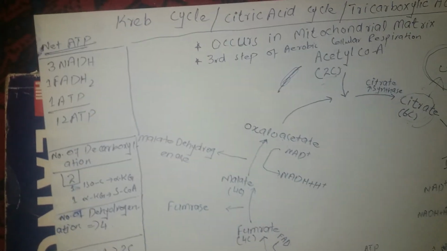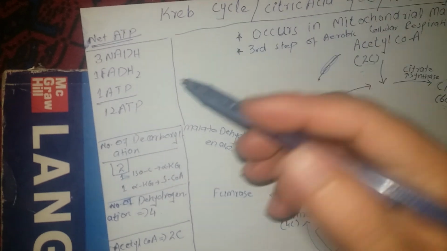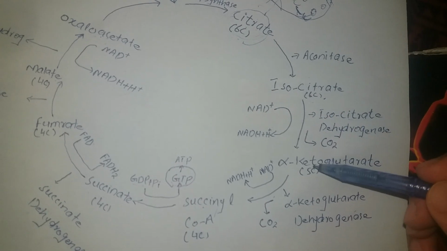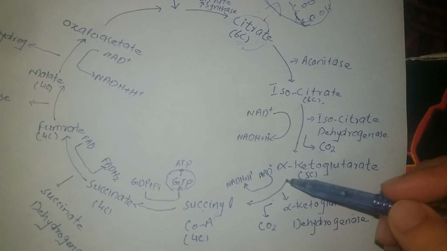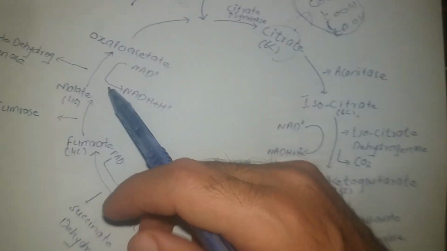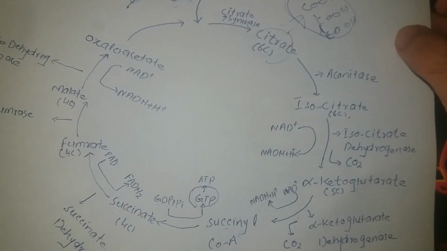So guys, now we will count the number of ATP formed in Krebs cycle. 3 NADH are formed. 1 NADH is formed when isocitrate is converted into alpha-ketoglutarate, the next when this compound is converted into succinyl-CoA, and the last one between malate and oxaloacetate.